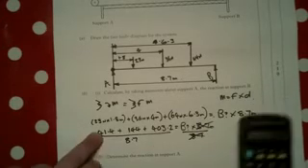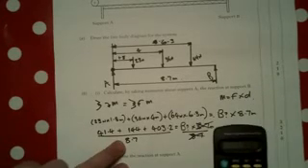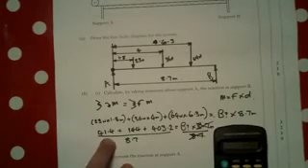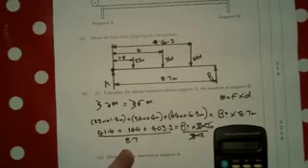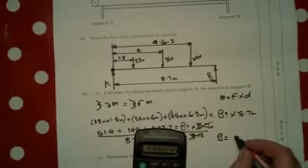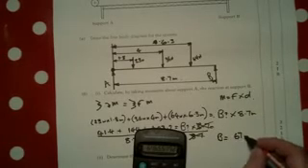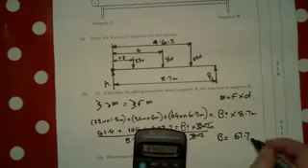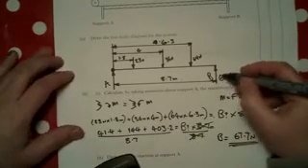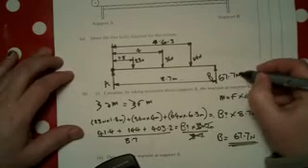So we just find the sum of these, divide it by 8.7. 403.2 plus 144 plus 41.4 equals that, divided by 8.7 equals, and the result of B is 67.7 newtons. So we now know that B is 67.7 newtons.